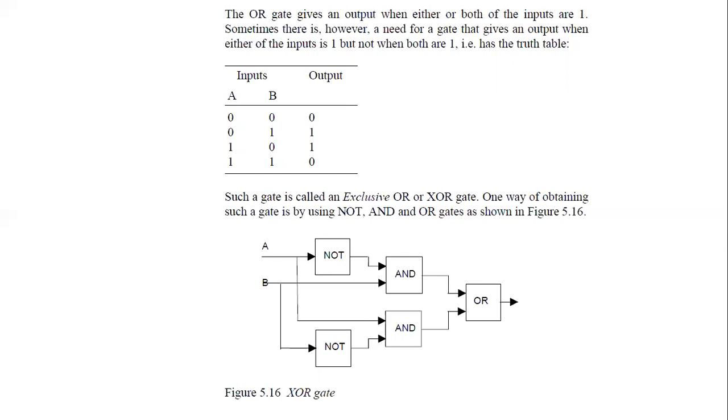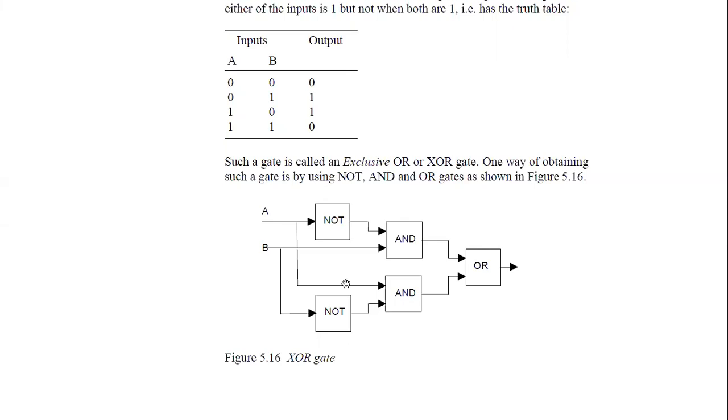You can see in this figure 5.16 that for us to have such an output, we are going to have two inputs, A and B. Then you're going to follow them and see the process that they go through for there to be an exclusive OR type of output.